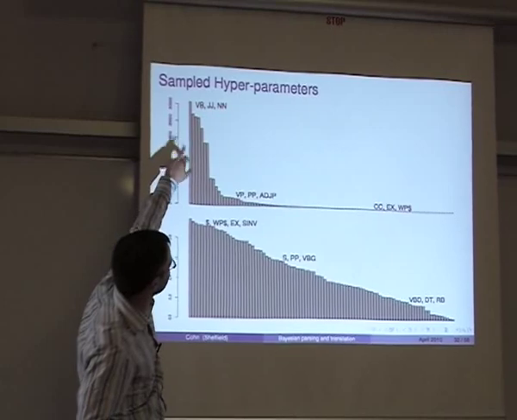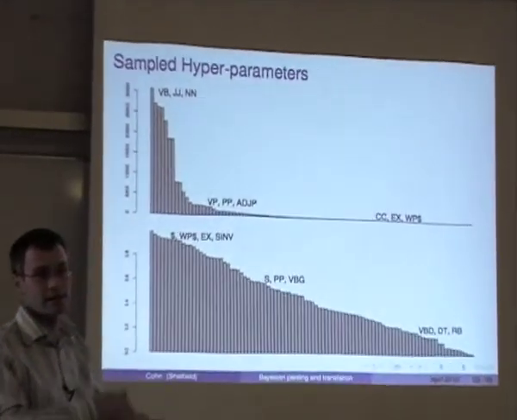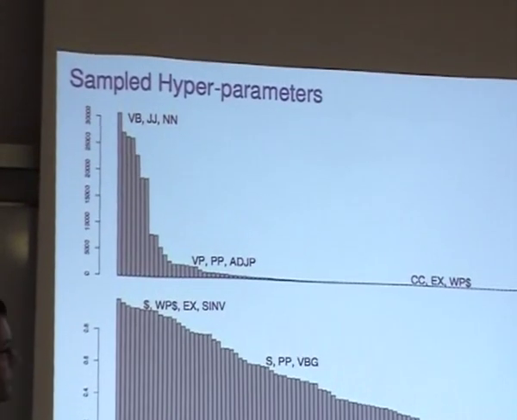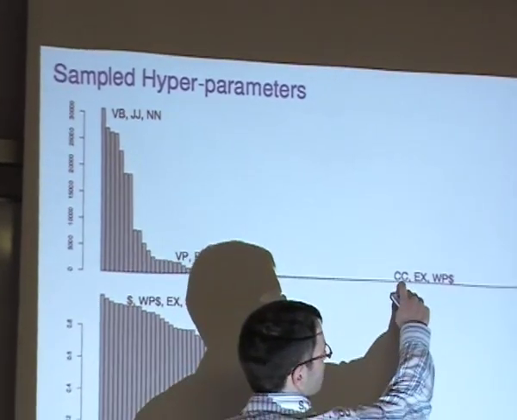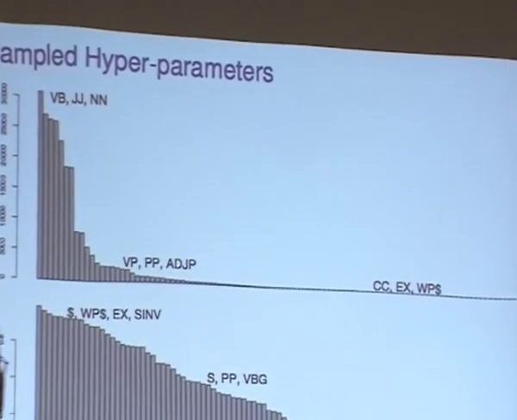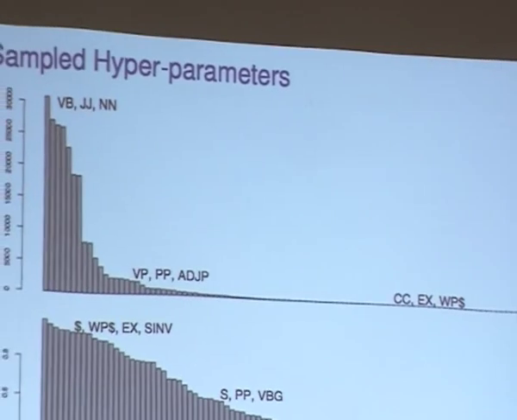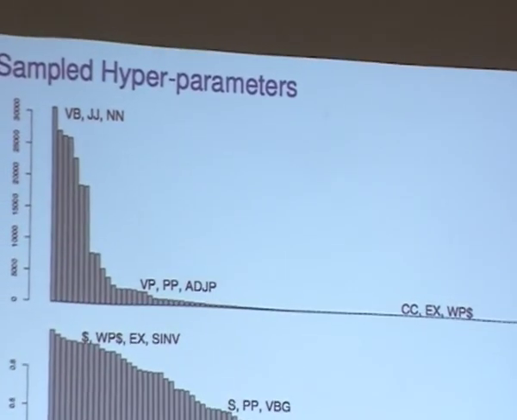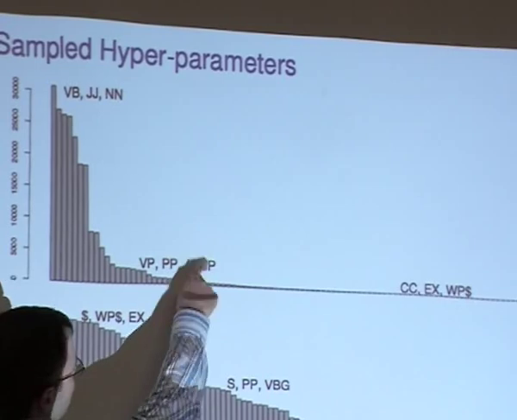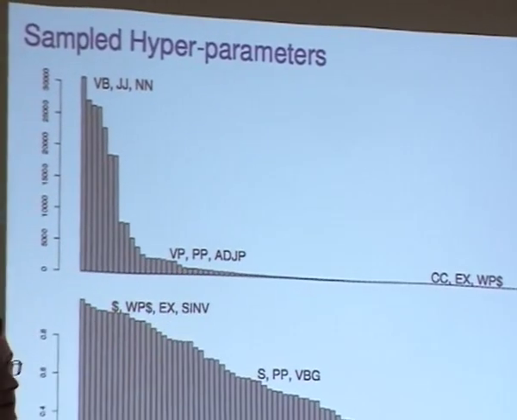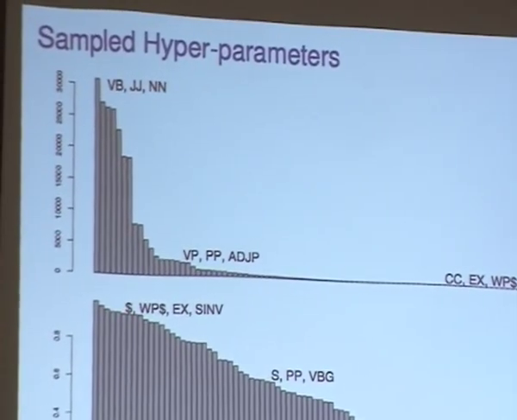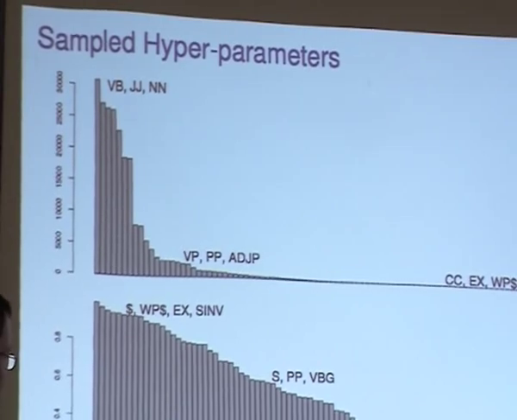So we end up seeing that the verbs, adjectives, and nouns tend to have a fairly broad distribution over rewrites, whereas things like coordinating conjunctions, EX, all these things tend to have one or two different strings they can rewrite as, so they can have a very sparse distribution. And verb phrases, prepositional phrases, and so forth get a value somewhere in the middle. So they have some degree of sparsity, but not too much.